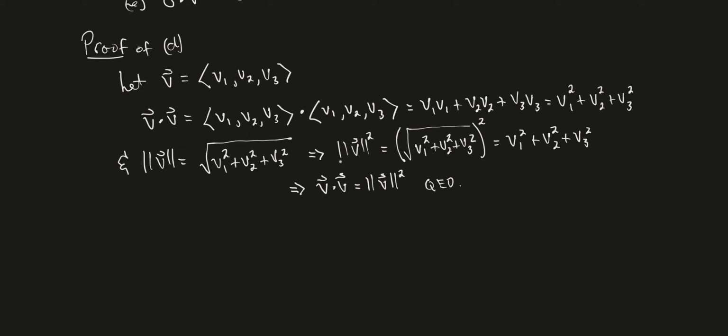All right. Now, alternatively, notice another way that this can be written. If I took the square root of both sides, right? I didn't want to put this in the proof because it wasn't a part of the statement, but alternatively, we could say that the magnitude of v is the square root of v dot v, right?